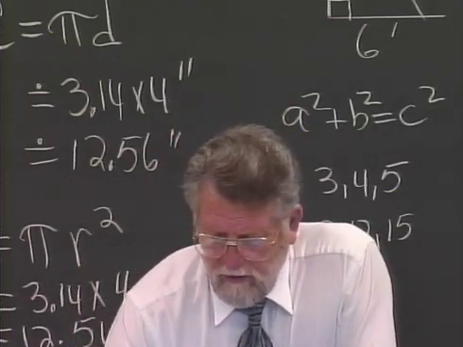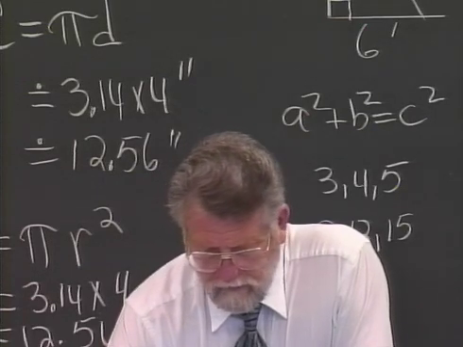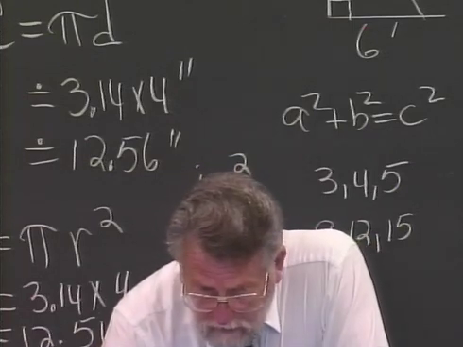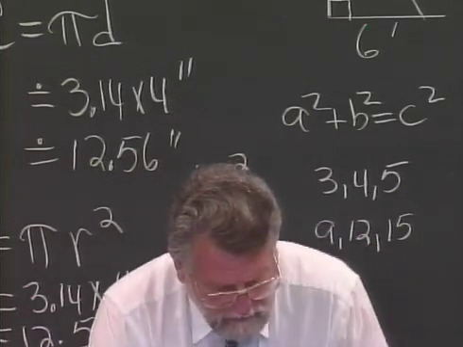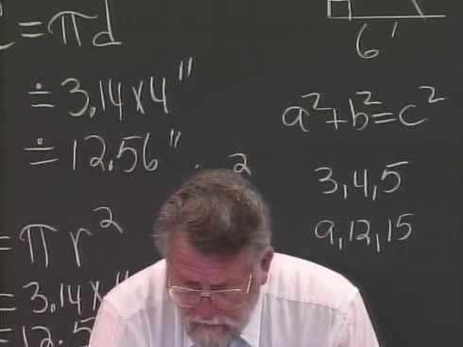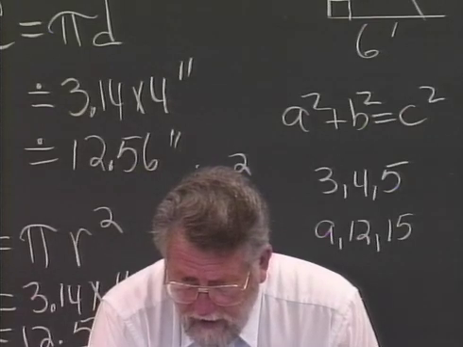Okay, let me go to a different problem. Okay, let me try to get this centered a little bit better. Okay, this is the area and perimeter of a rectangle.